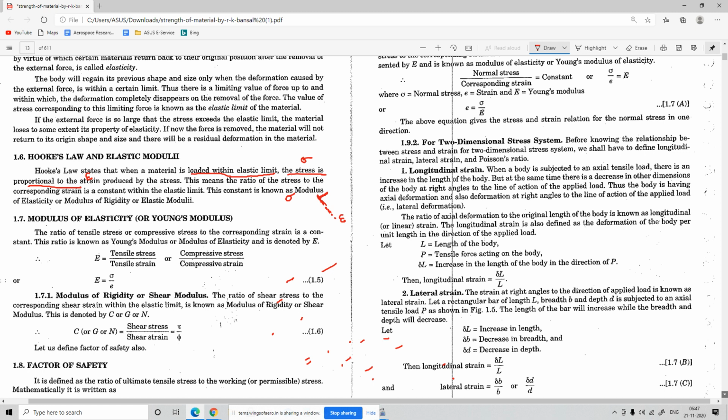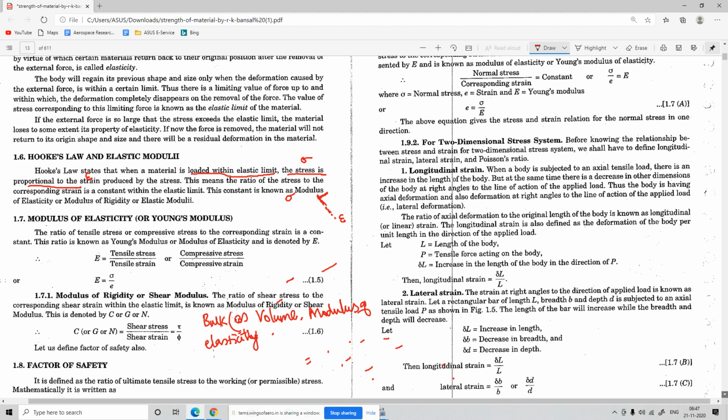Another one is the bulk or volume modulus of elasticity.